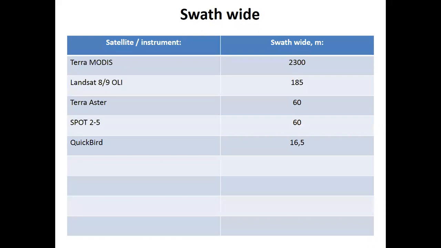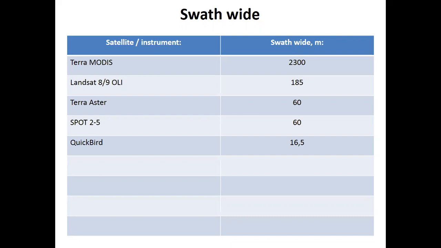Also, different satellites could have very different swath heights. Terra MODIS could be over 2000 kilometers wide, and high resolution satellites usually have a pretty narrow swath.